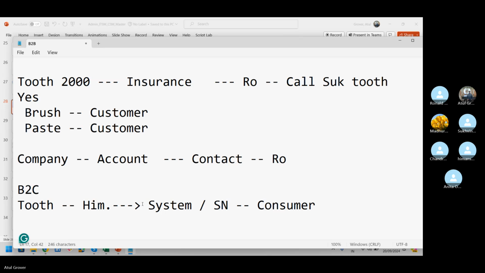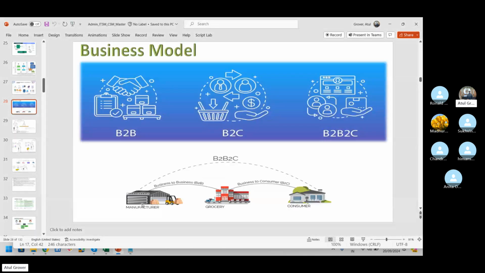This is the B2C concept. Let's say Ronald goes to the market and purchases a new air conditioner. Or goes to the market and purchases an Apple iPhone. Now the iPhone comes with or without the Apple Care as well.